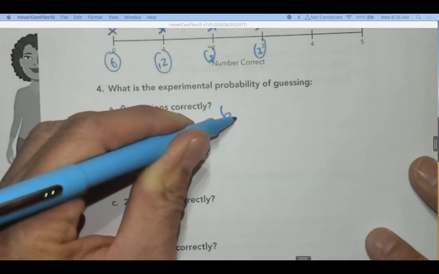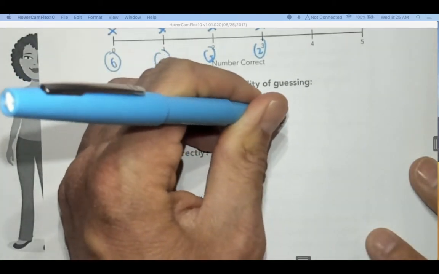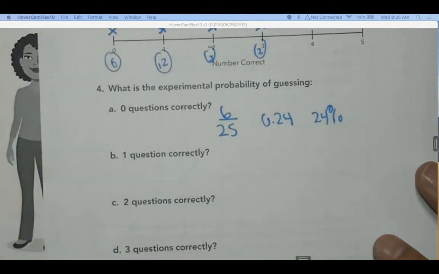When I did it, it was 6 out of 25, which is the same as 24 hundredths, which is the same as 24%.